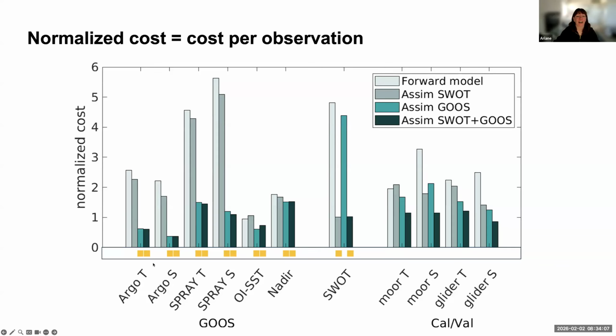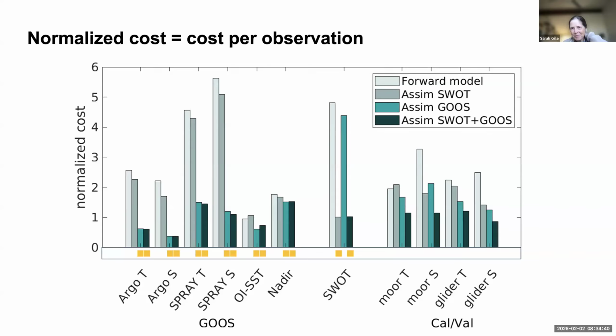So if I'm looking just at Argo, I could select only the Argo profiles that are within the SWOT area, and then might see more of an improvement from assimilating SWOT and fitting that Argo. So yeah, that's a good point. I could make another bar chart looking at that specifically. I don't want to make too many bar charts for you. Oh, I like making them. Thanks a lot.